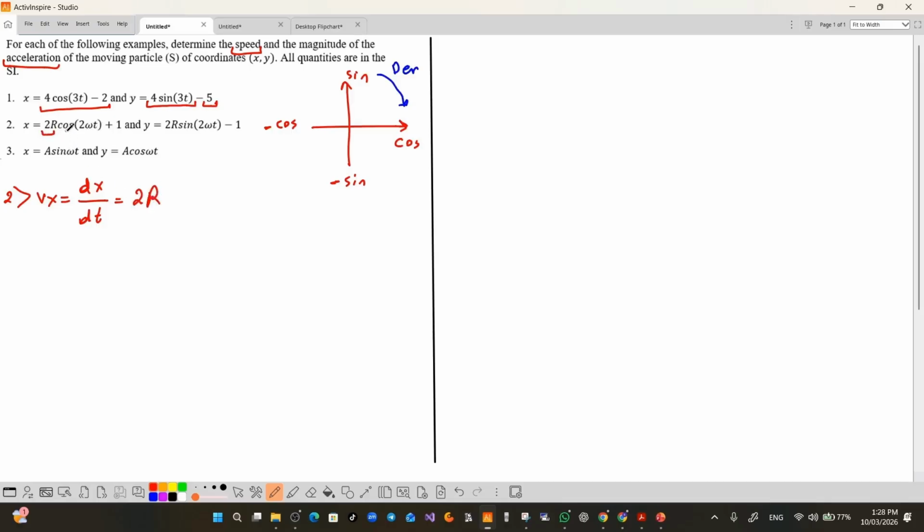We just apply the derivative on the cosine, and the derivative of the cosine is minus sine 2 omega t. What is the derivative of 2 omega t? The only variable here is t, and it's linear, so the derivative is constant, and the constant is 2 and omega. So we place them outside. So the final answer will be 2 times 2 is 4, r omega sine 2 omega t.